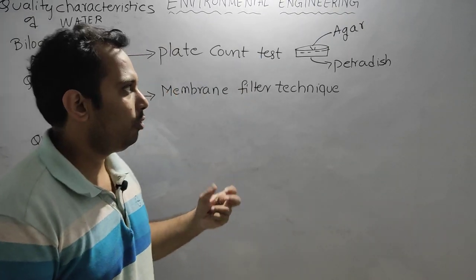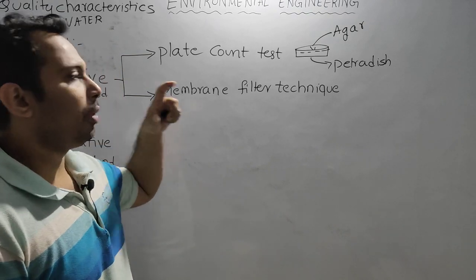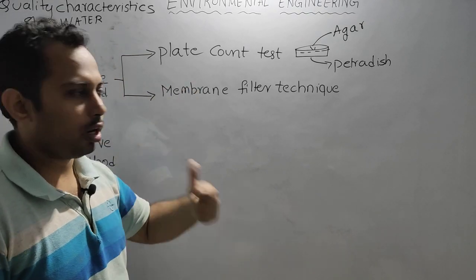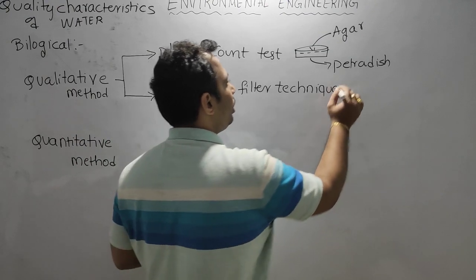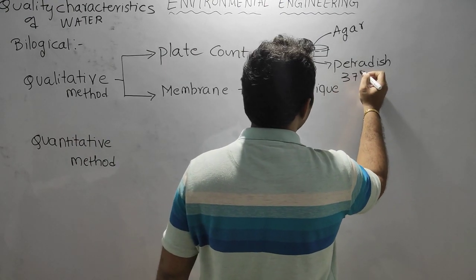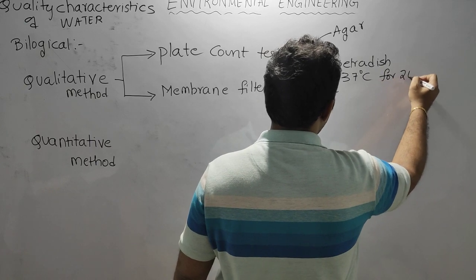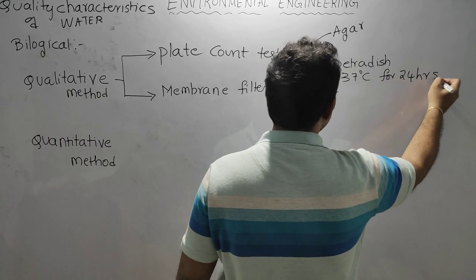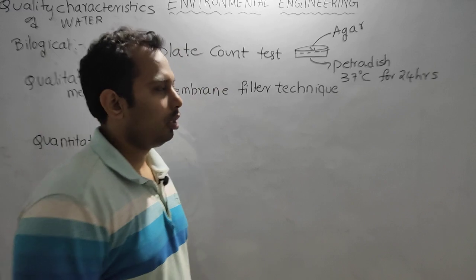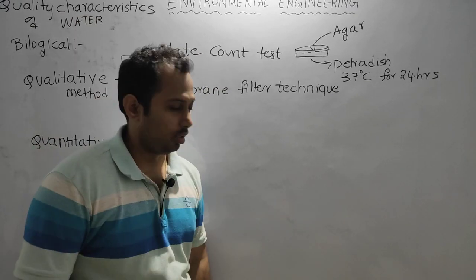Not only giving food, we need to keep the temperature sufficient for the organism's growth, that is 37 degrees, for about 24 hours. We need to provide the temperature for a sufficient duration for the growth of microorganisms.